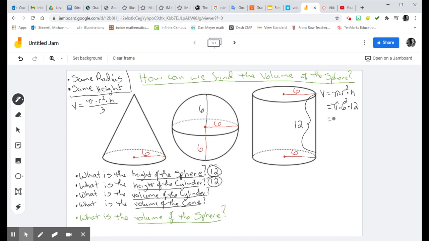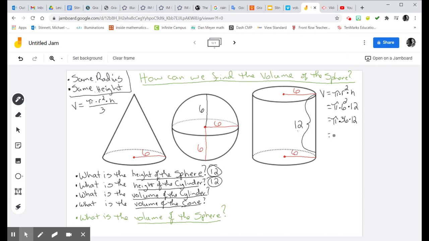So then we'll just keep going. We bring down pi again. We're just keeping pi. And then that's multiplied times 6 to the second power. Remember, when we raise something to the second power, it's multiplied times itself. So it'd be 6 times 6, which is 36, and then times 12, which is our height, okay?